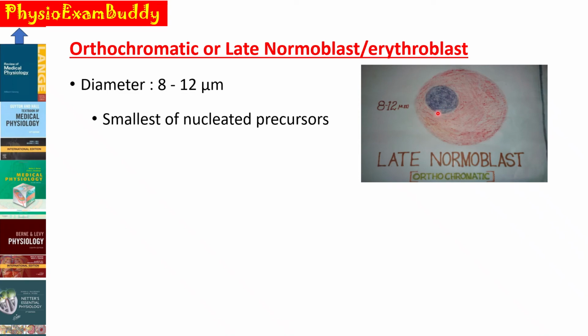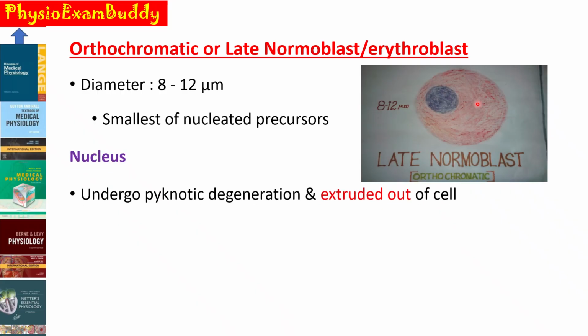So you have to draw the nucleus using a blue color pencil, that is the hematoxylin pencil, and the cytoplasm using a red color pencil, because the light blue color has to be replaced by red color all around the cytoplasm, which shows the appearance of the hemoglobin. So here, after some time, the nucleus will undergo pycnotic degeneration, and it will finally be extruded out of the cell.